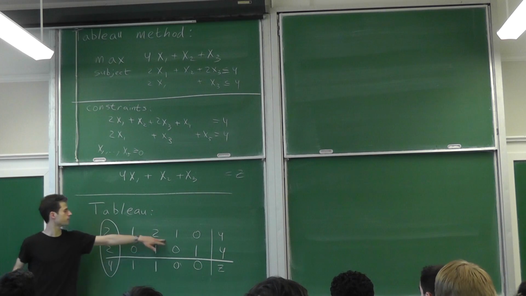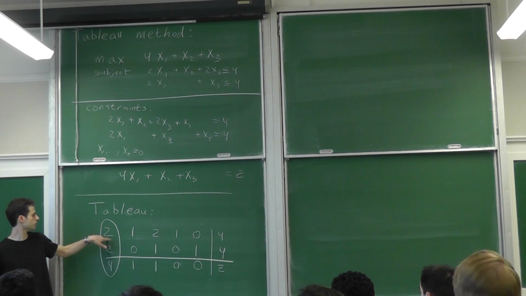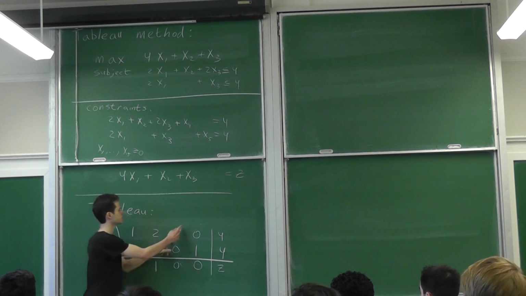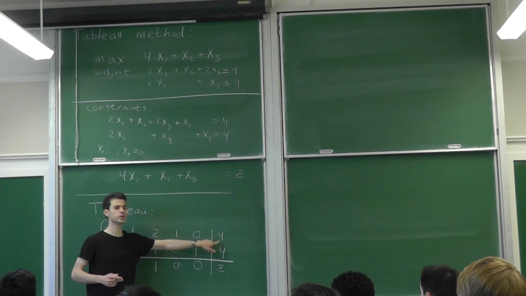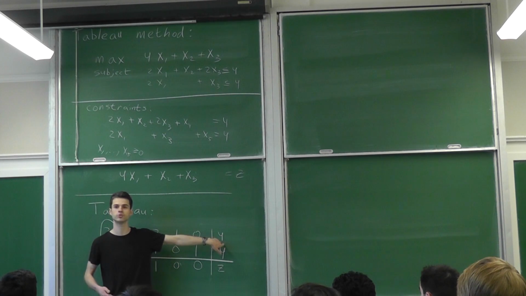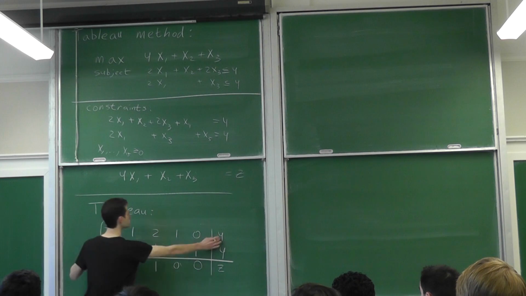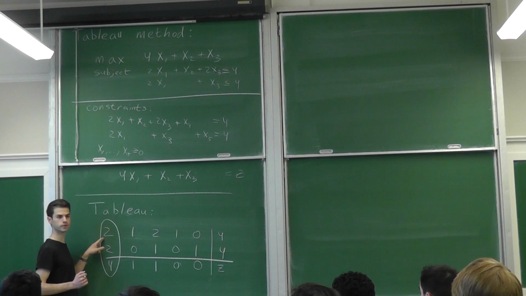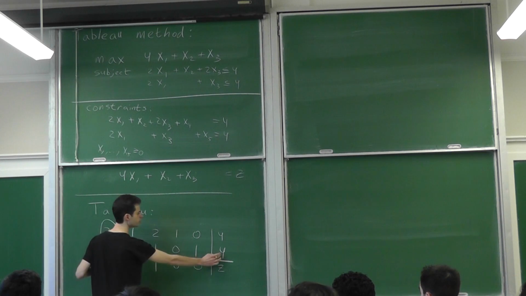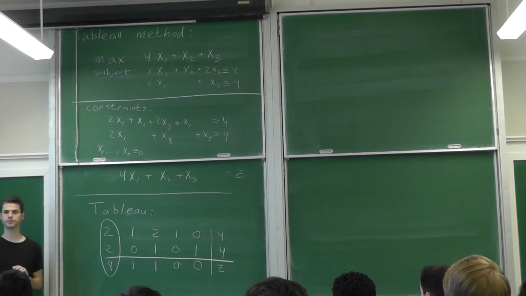Well, if I keep those at 0, 2 times x1 plus this variable must be equal to 4, and they must both be positive. So I can increase x1 such that 2 times x1 is still smaller than 4. So basically I can increase x1 to 4 divided by 2. Similarly from here, I can increase x1 up to 4 divided by 2.